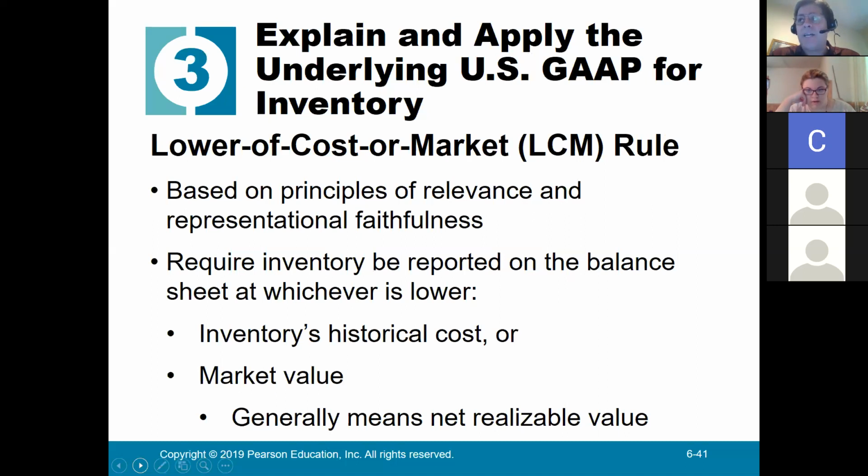And as such, we have to reduce the amount we put on our balance sheet down to what it's really worth, because that's lower than what we actually paid for it. Okay? And that market value, what it's worth, is referred to as net realizable value. And net realizable value is what we think we could sell it for minus any costs to sell it.